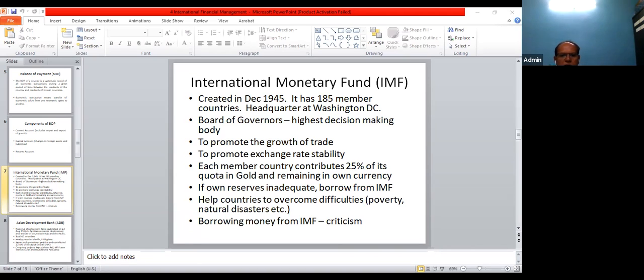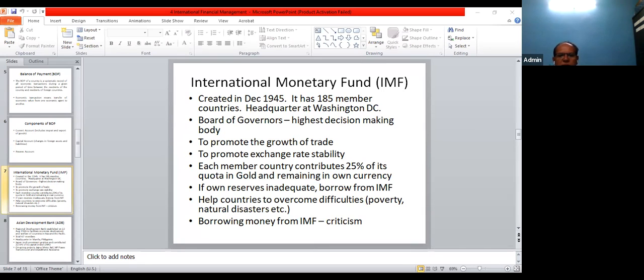Then third, each member country contributes 25% of its quota in gold and the remaining in its own currency. Now this was a little bit of a difficult criterion for countries like India, developing countries and underdeveloped countries.